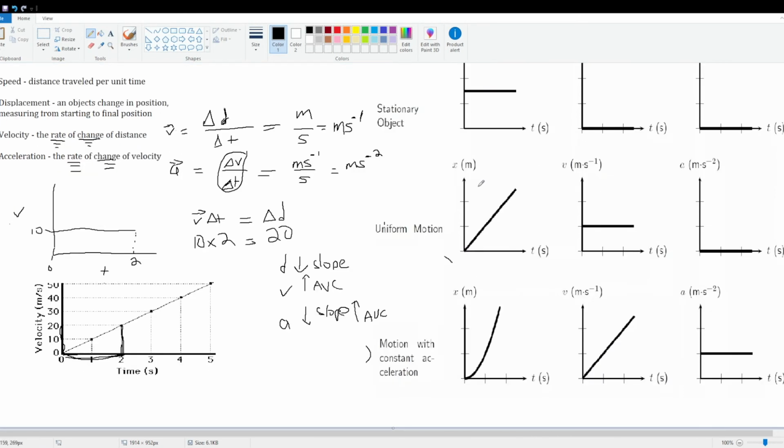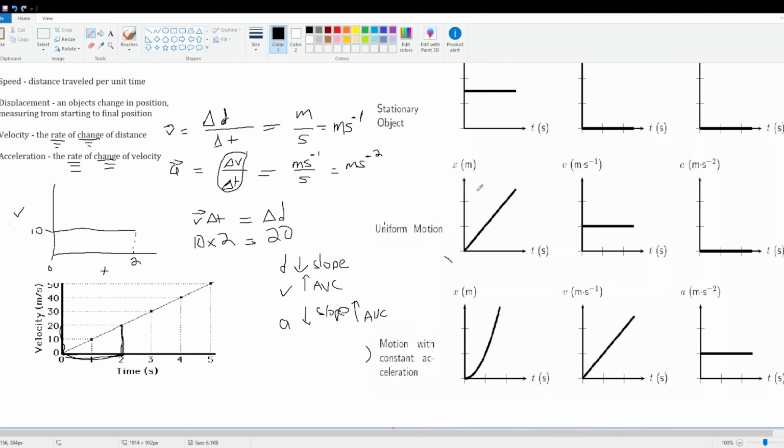That's pretty obvious. Now, uniform motion. What uniform motion means is that there is no acceleration, or something is moving at a constant rate. There is no acceleration, there's no deceleration, it's moving at a constant rate. As you can see here, if something's moving at a constant rate, it's definitely going to have an increase of distance or displacement.